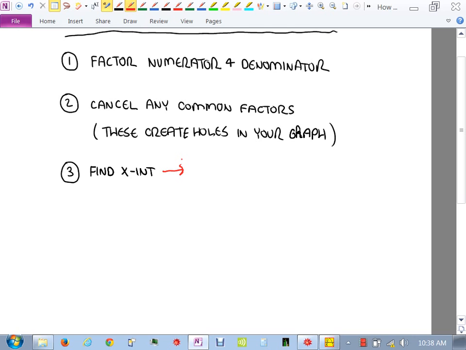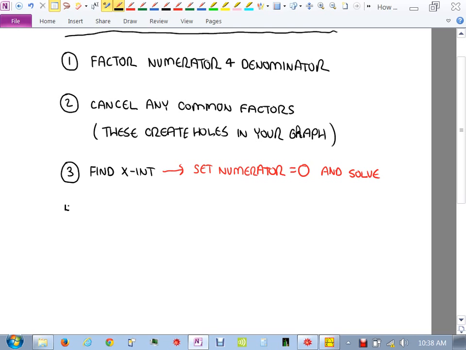To find the X intercepts, all you have to do is set the numerator equal to 0 and solve. So that's how you're going to determine where the x-intercepts are. And that will always be the case. Wherever the numerator is 0 is where you're going to have x-intercepts.